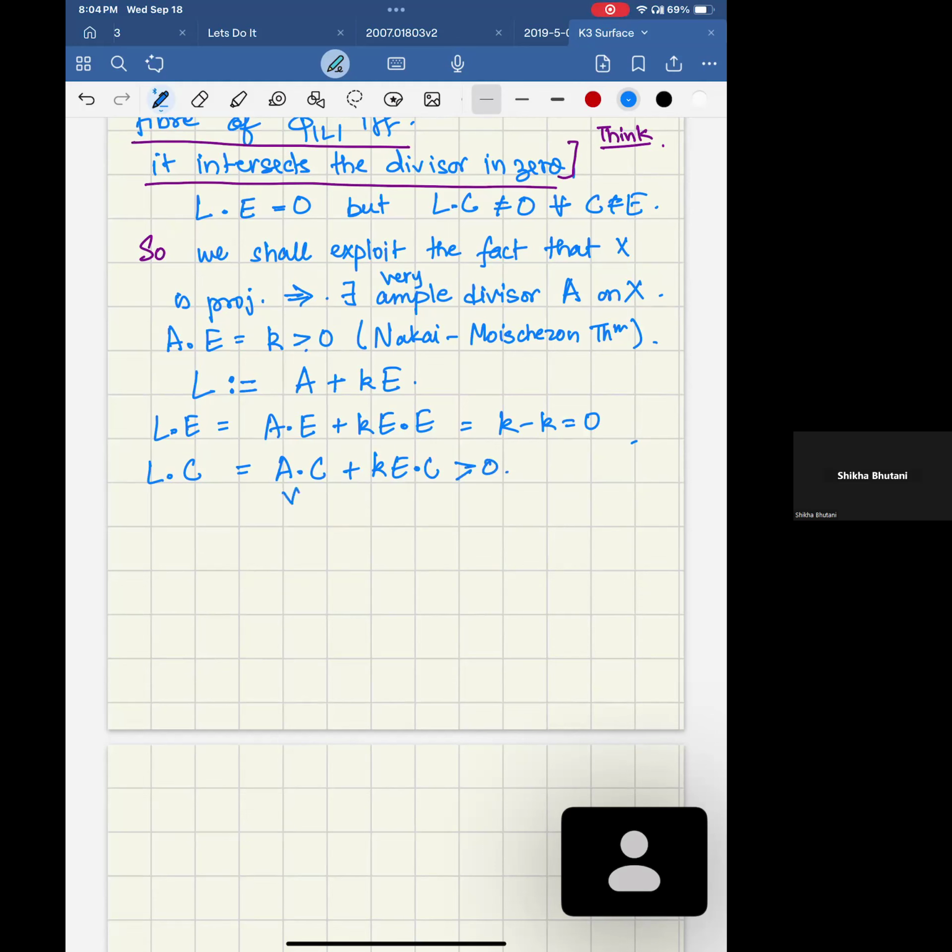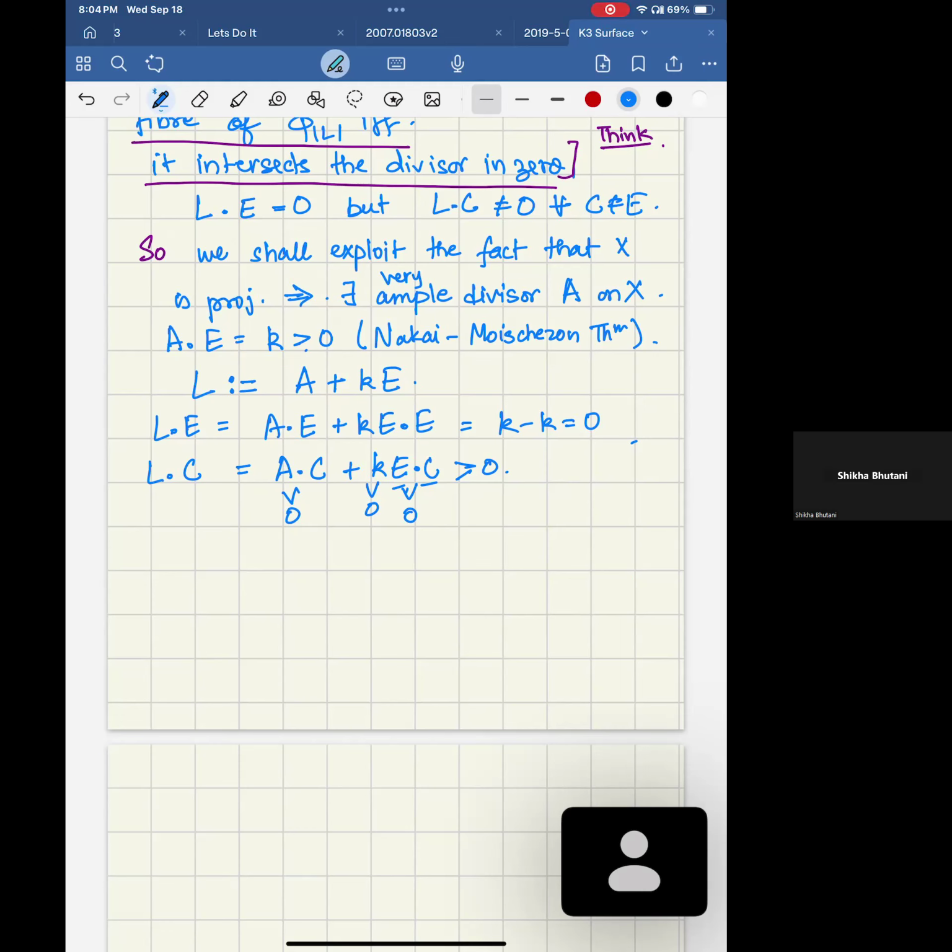Why? Because A times C is greater than 0, again by the Nakai-Moishezon theorem. And E times C is greater than or equal to 0, because these are two distinct effective curves and K is already greater than 0. So this in total is going to be greater than 0. Right? So things seem promising.